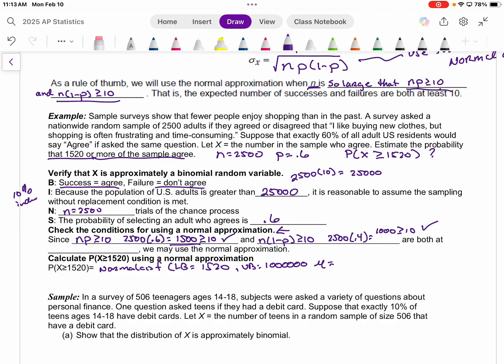Our mean was 1500. Standard deviation we don't have. I'm going to type in square root of 1500 times 0.4. Now you can put in there 2500 times 0.6 times 0.4. That's fine. But that's what I'm going to type into the calculator.